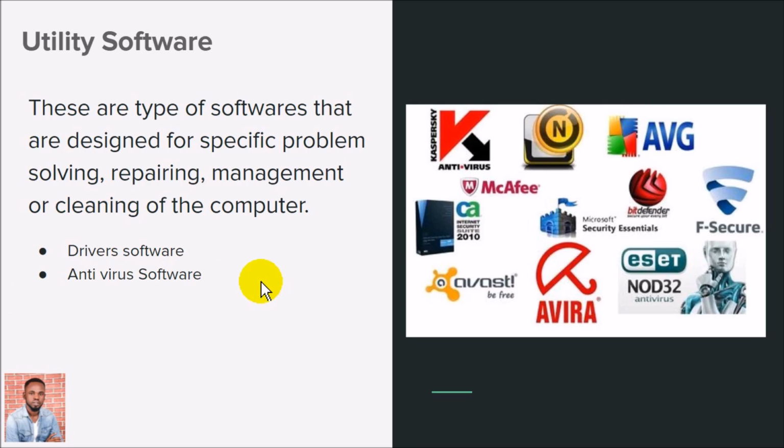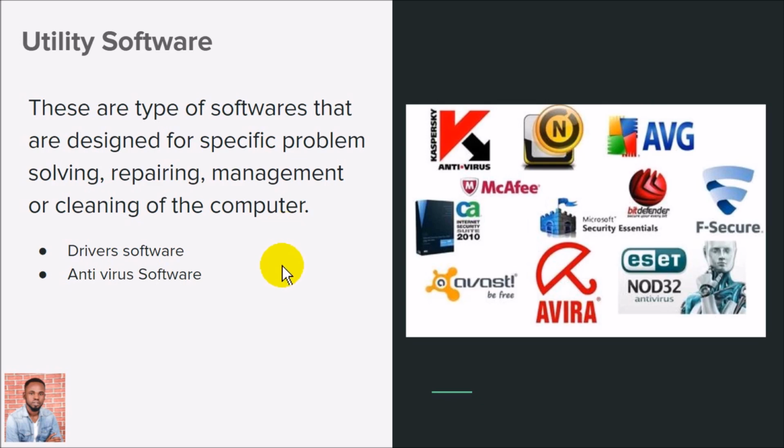It can also be used to prevent harmful software from coming into the computer. So these are the natures of utility software, more like maintenance and management software for the computer.